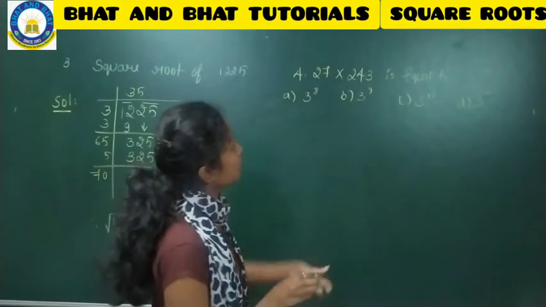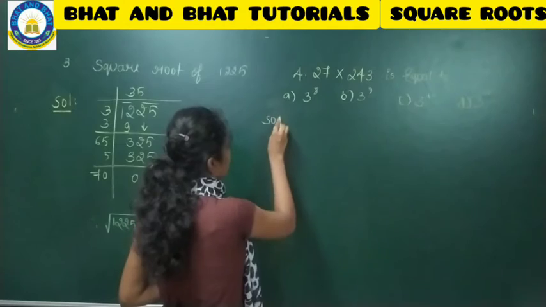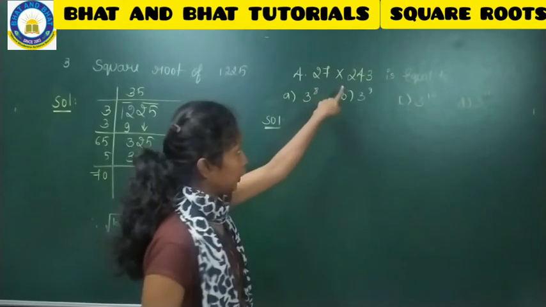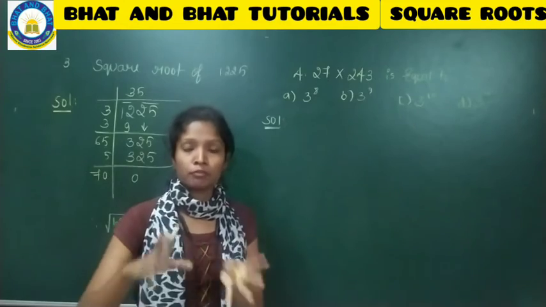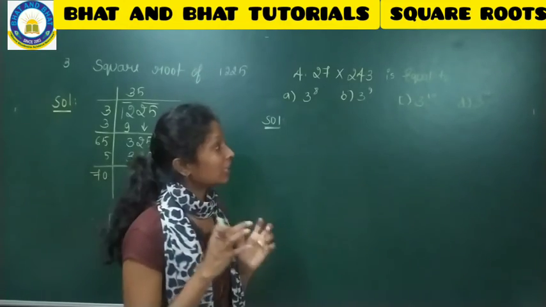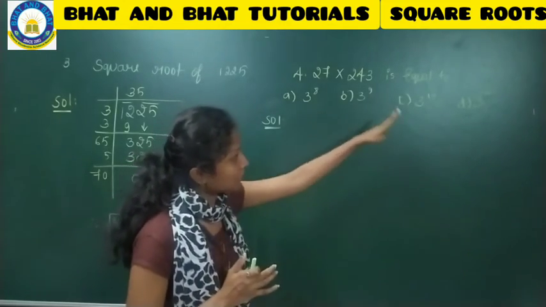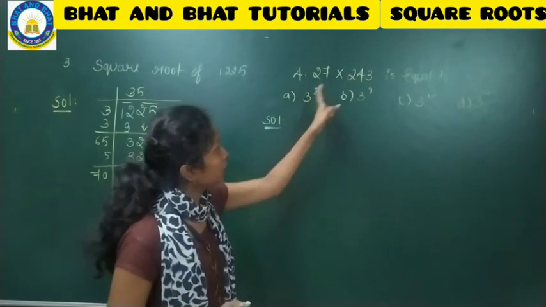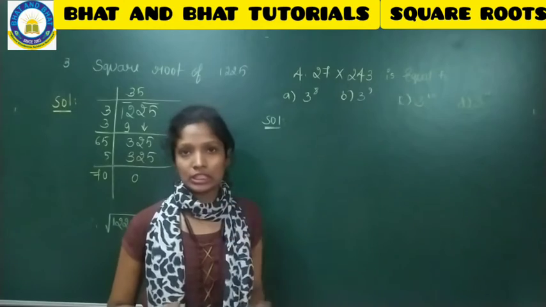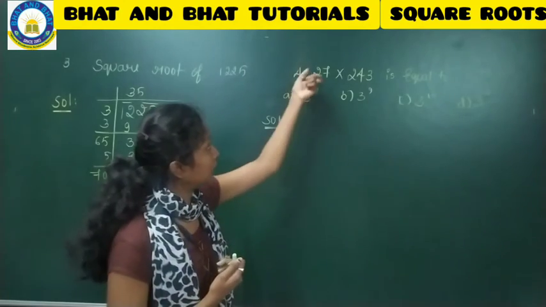So in the question, 27 into 243 is equal to 3 to the power of what, they are asking. As soon as you see the options, it is clearly understandable that it will come in the power of 3 itself. How to find out, I'll tell you.